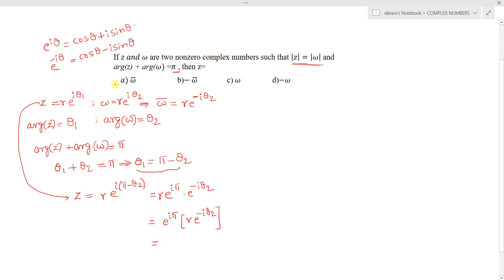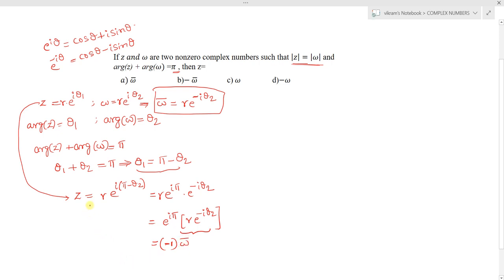So now cos pi plus i sin pi. The value of cos pi is minus 1, into r into e power minus i theta 2, which can be written as w conjugate.